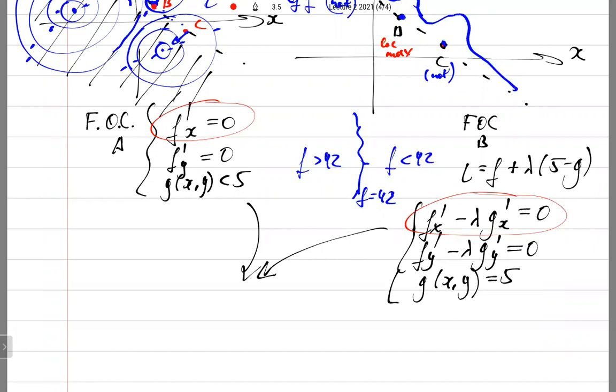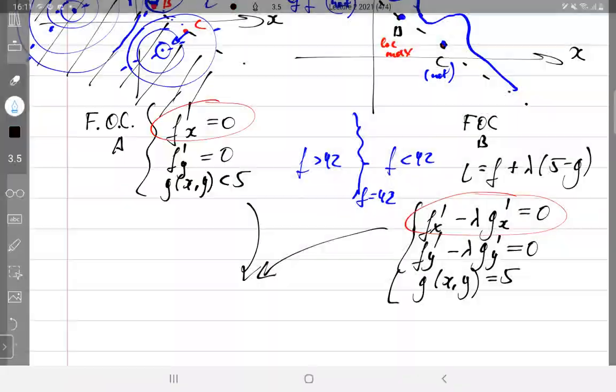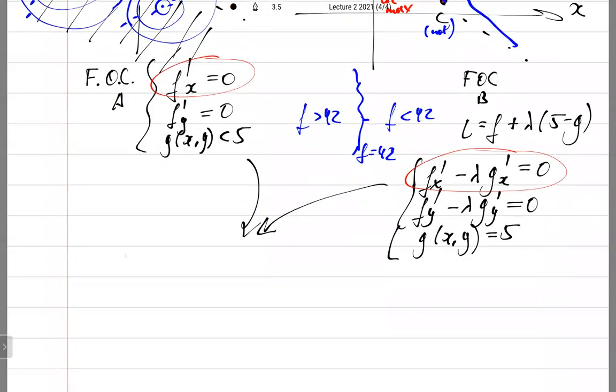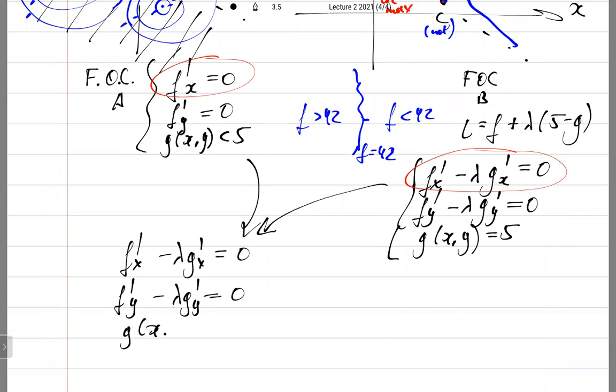So I will say f prime x minus lambda g prime x is equal to 0. f prime y minus lambda g prime y is equal to 0. g of x, y is greater than or equal to 5.